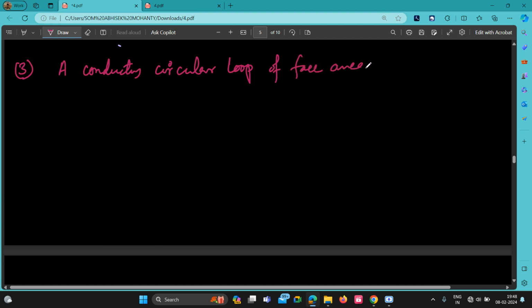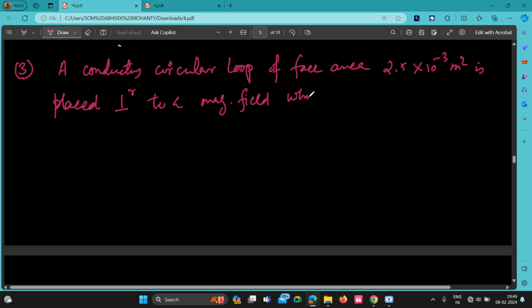Question number 3. A conducting circular loop of face area 2.5 into 10 to the power minus 3 meters square is placed perpendicular to a magnetic field which varies as B is equal to 0.2 Tesla sine 50 pi second inverse t.